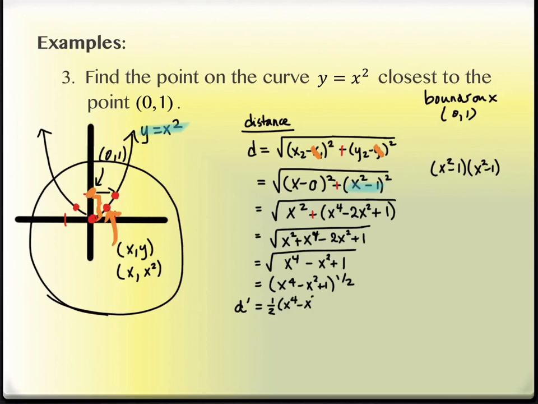Rewrite what's in the parentheses, good job. To the power negative 1/2, lovely. And then what? Right, and then the derivative of what's inside, so that's 4x cubed minus 2x. Oops, and that's it.